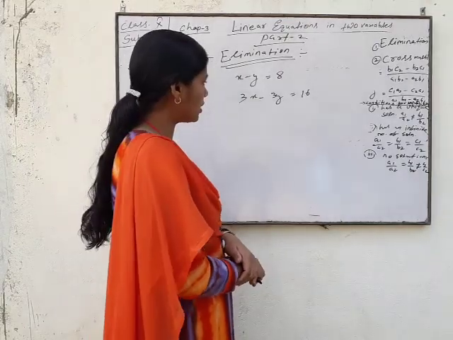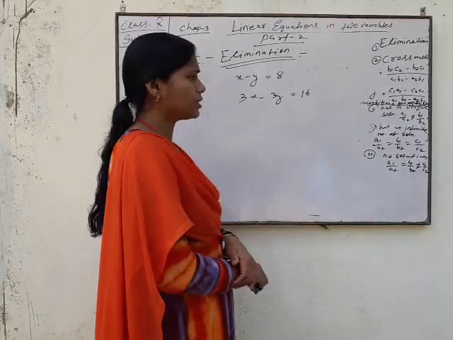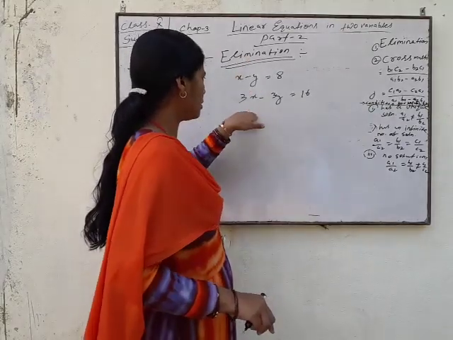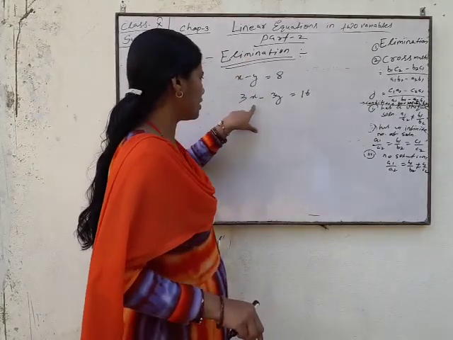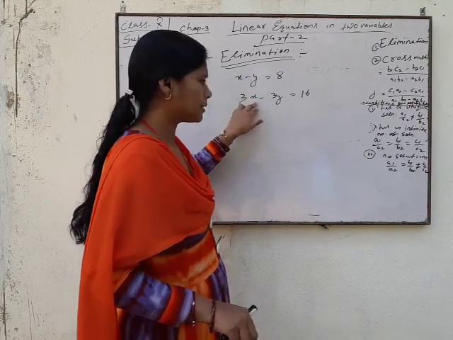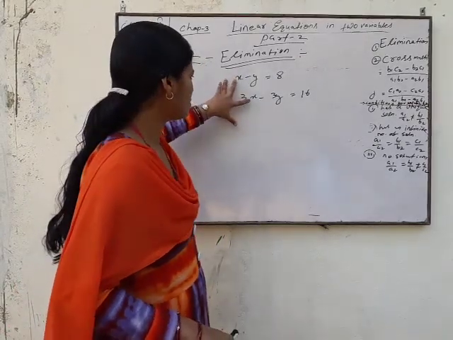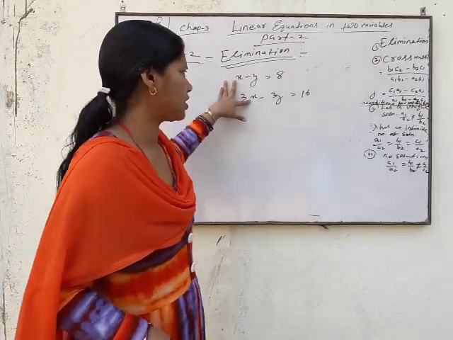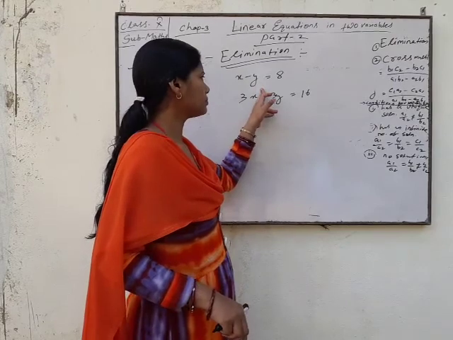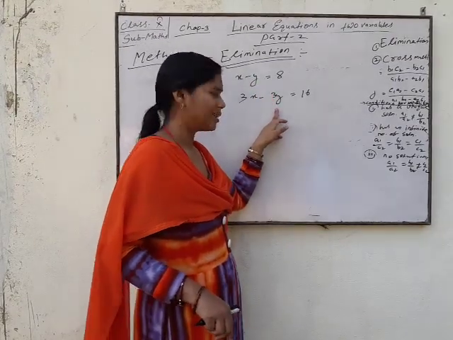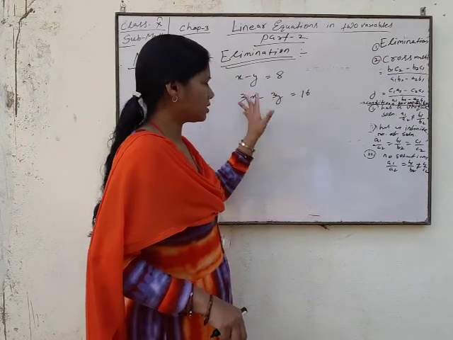Now solve both equations by using the elimination method. Look here, the coefficient of x is 1 and here the coefficient of x is 3. Both are not equal. Here the y coefficient is minus 1 and here the y coefficient is minus 3, and here also the coefficients are not equal.